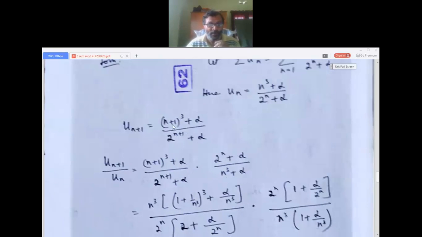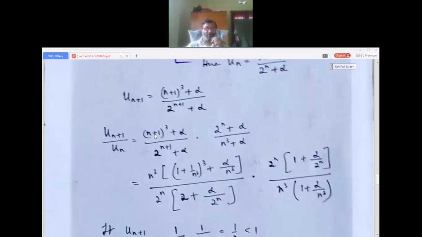So un plus 1 will be ((n plus 1) whole cube plus alpha) divided by (2 power n plus 1 plus alpha), into, that is un, division will be the reciprocal. The denominator will come to the numerator because it is division, so it is the reciprocal of the given term: into (2 power n plus alpha) divided by (n cube plus alpha).